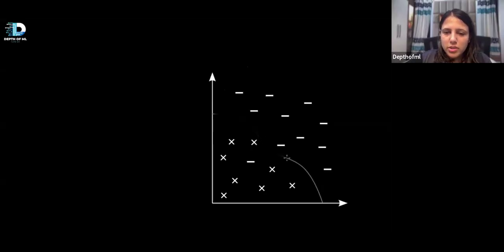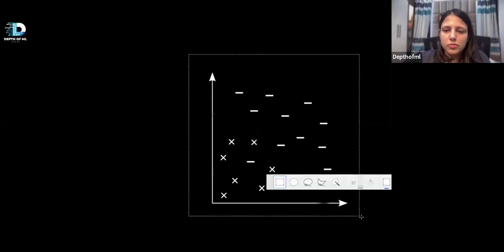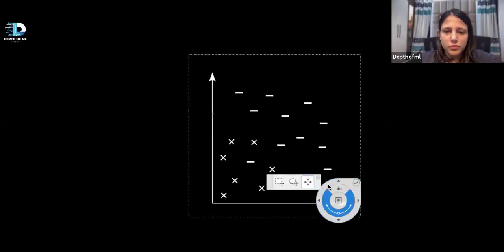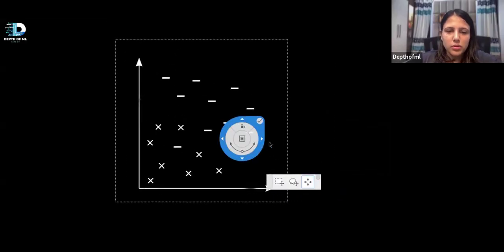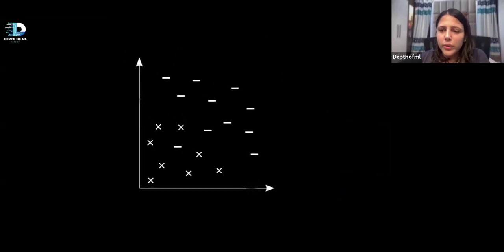I'll erase this decision boundary and then we'll create one ourselves. Let me see what will happen if we create the decision boundary for 1NN.